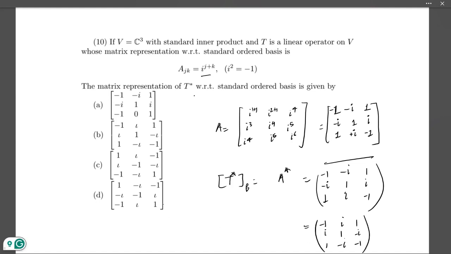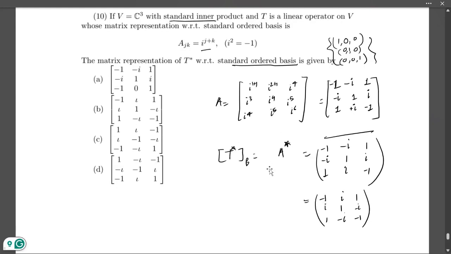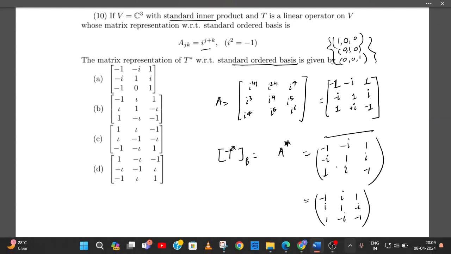Okay, so this is good because the standard ordered basis is an orthonormal basis, right? Under the standard inner product, this is an orthonormal basis. That is why calculating the adjoint is so easy.